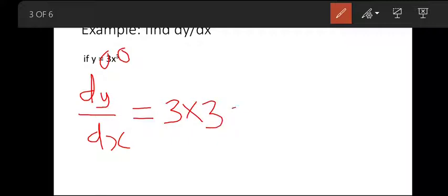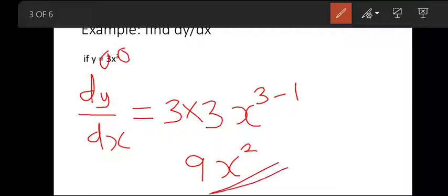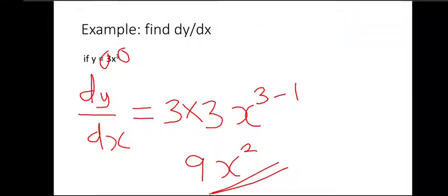Then we write the x back, x. Then we say 3 minus 1. So here now we have 3 times 3, which is 9. Then x raised to power 3 minus 1. 3 minus 1 is 2. So this is our final answer. So the derivative of y equals 3x cubed is 9x squared.